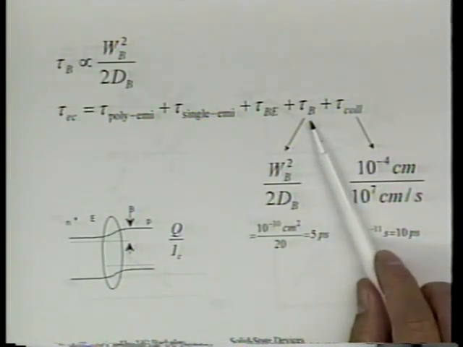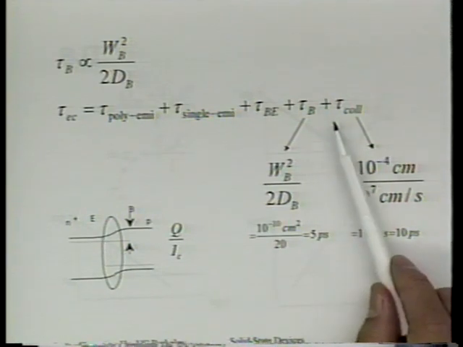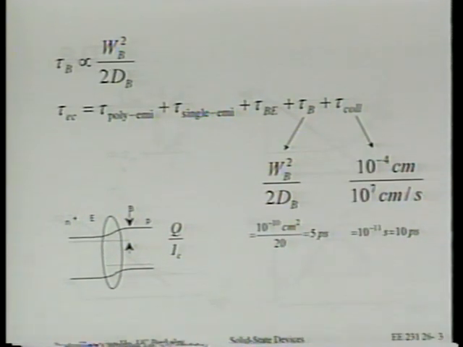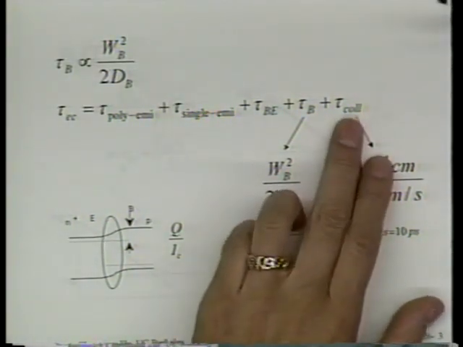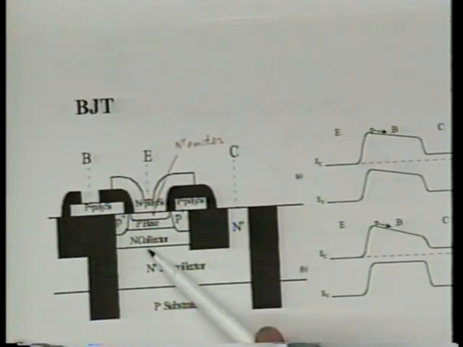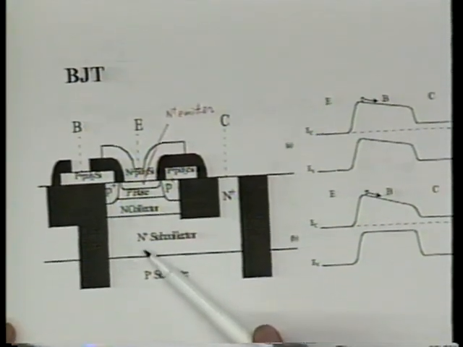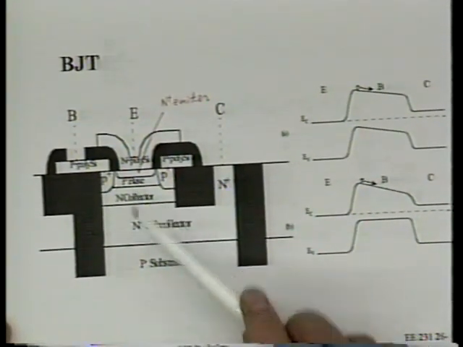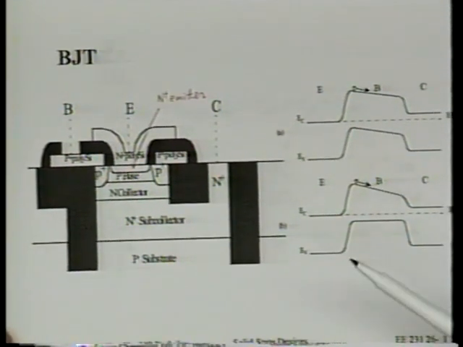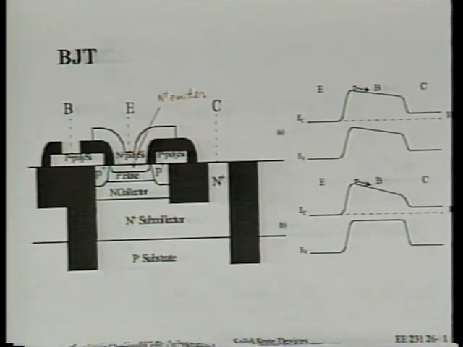And then there's the base transit time, right? And then very importantly is the collector transit time. I want to emphasize that. Today, mostly we're going to talk about this. That's because we need a fairly thick collector. Why do we need a thick collector? If the N plus directly butts to this P base, the breakdown voltage of this bipolar transistor will be too low.